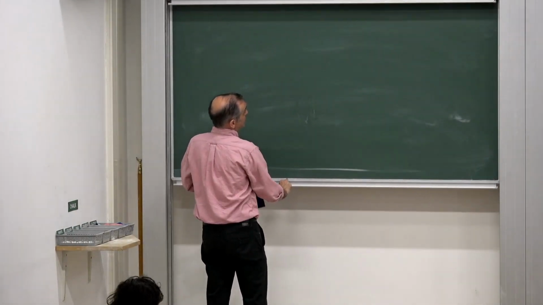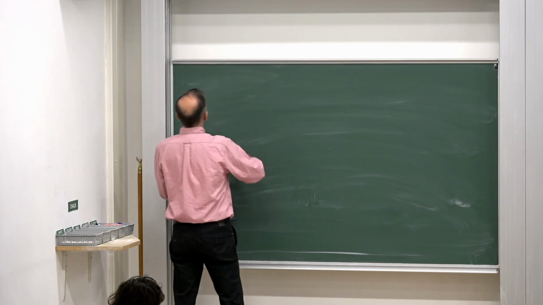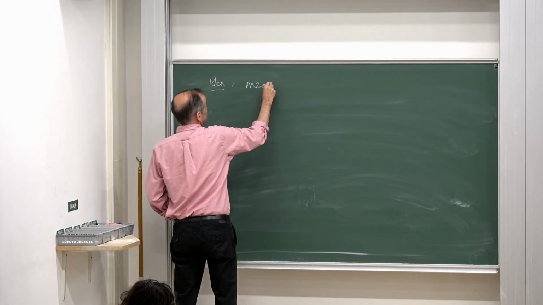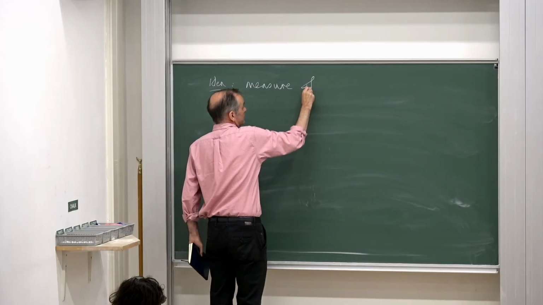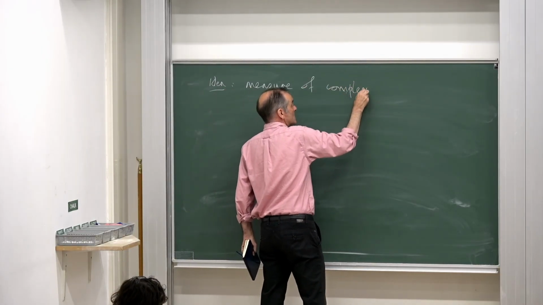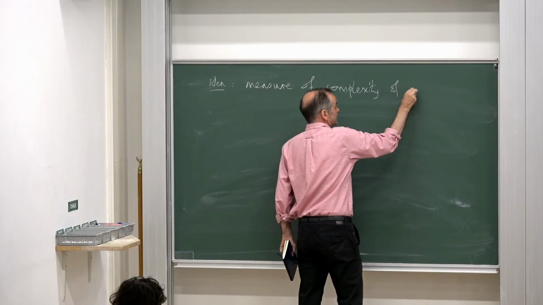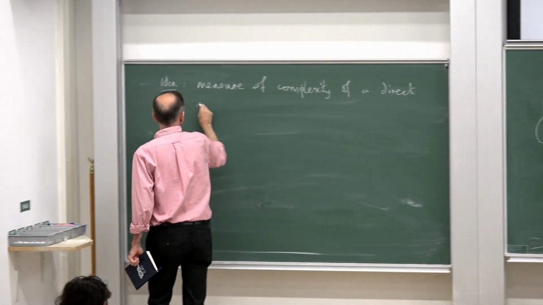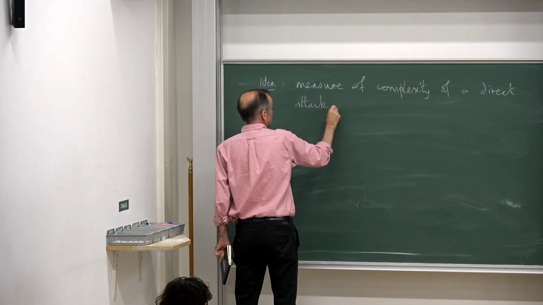Now the idea is that's a measure of the complexity of a direct attack on the conjugacy problem.